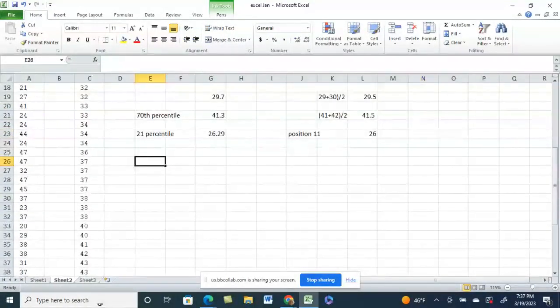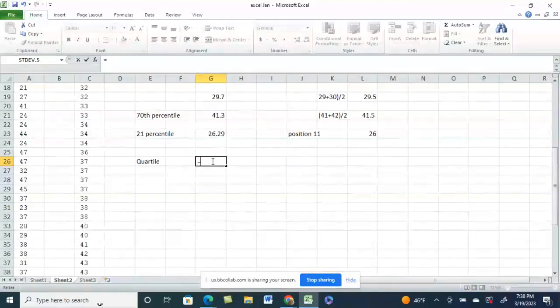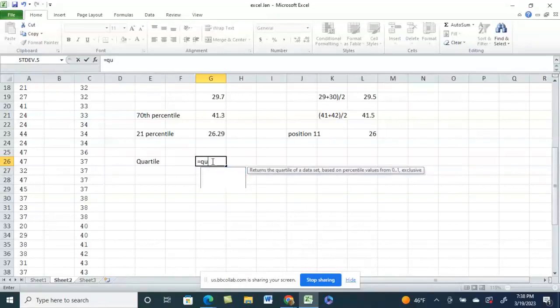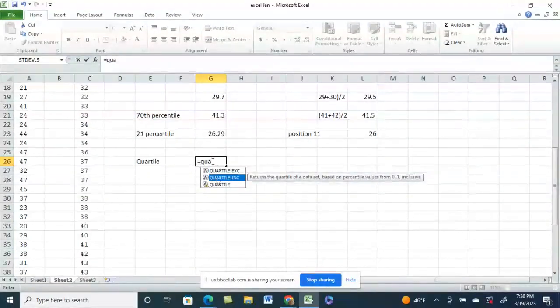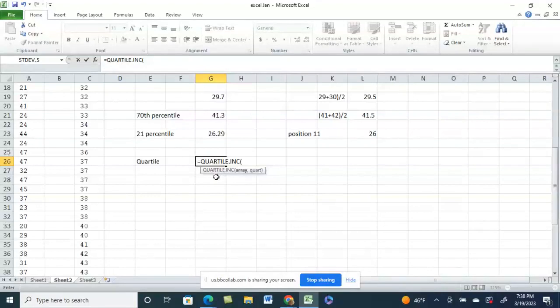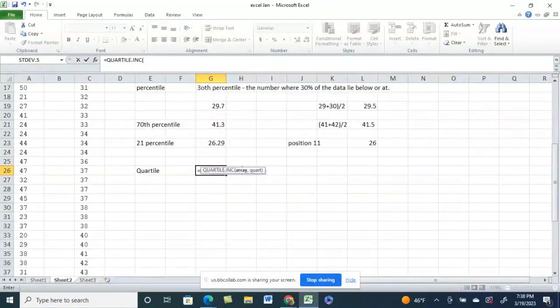Okay, then also in here is quartiles. That divides the data into fourths. Quarter is a fourth, so it's the same idea. If you want the first quartile, that means 25% of the numbers are at or below that number. We could use percentile for 25%, but we can use quartile also.